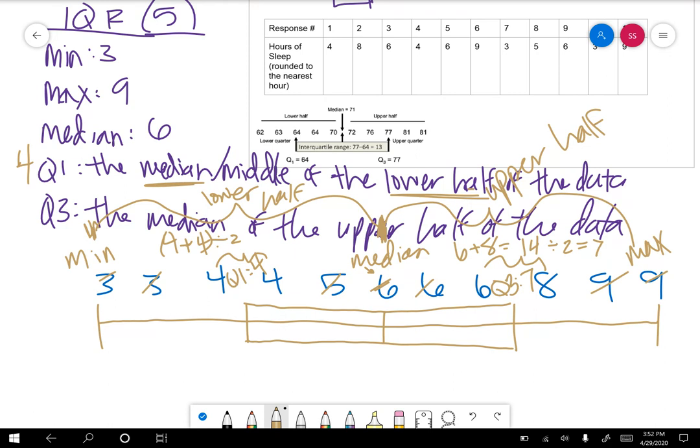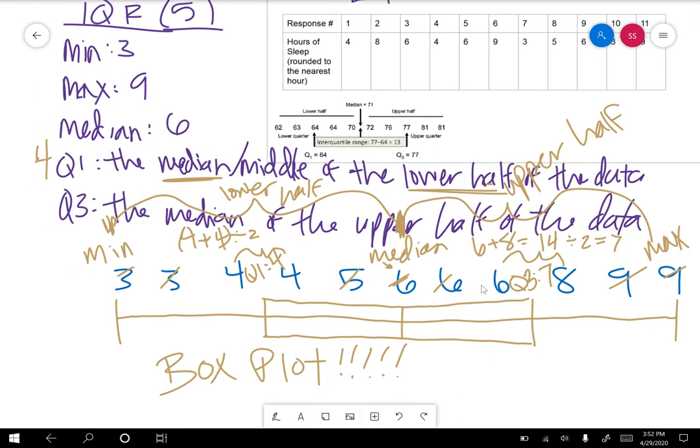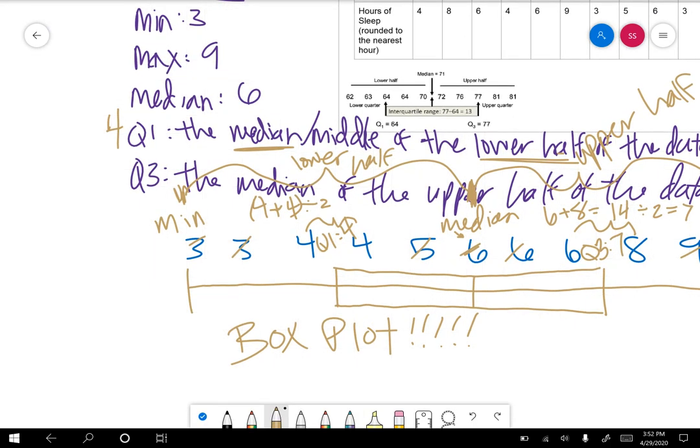And voila! We have a box plot. How cool is that? That made it so easy for us to draw a box plot.